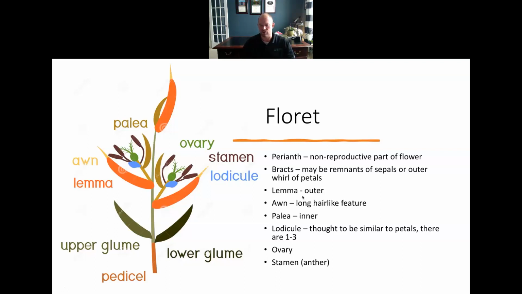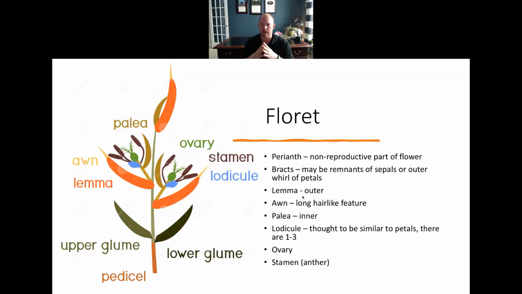We're not exactly sure what causes them, but they would be basically the outer petals on a flower. So you have the lemma, which would be the outer petal. You have the awn, which is like a long hair-like feature at the end of the lemma. And then you have the palea, which is like the inner petal on a flower.